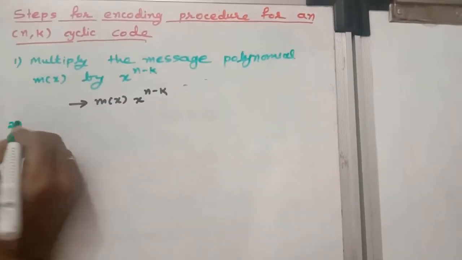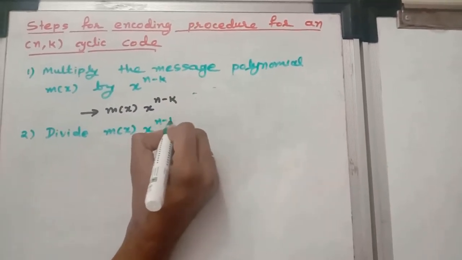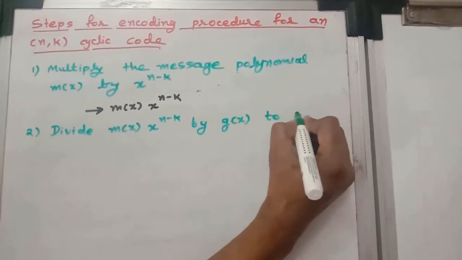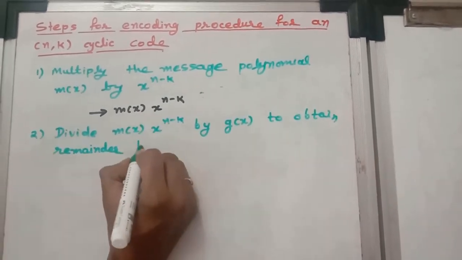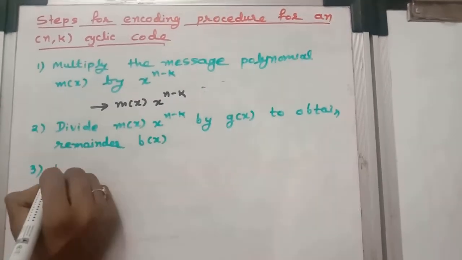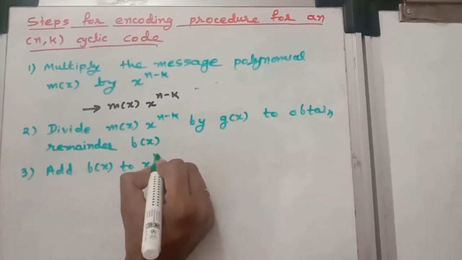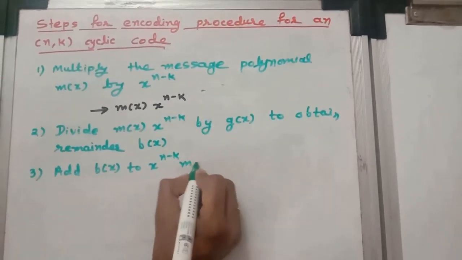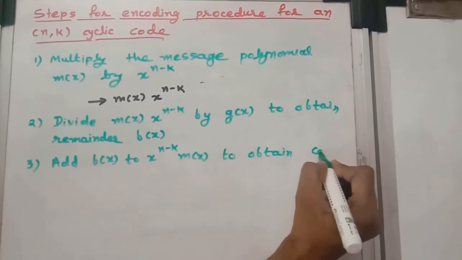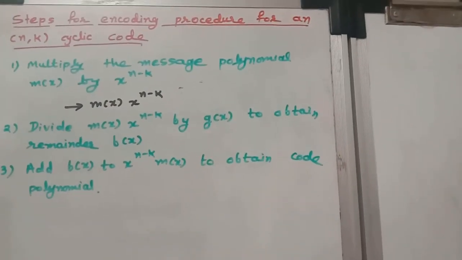In the second step, we divide m of x into x raised to power n minus k by g of x to obtain the remainder b of x. And our third step is to add b of x to x raised to power n minus k m of x to obtain the code polynomial.